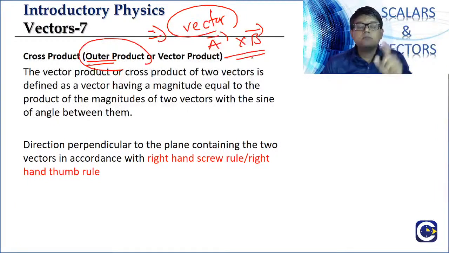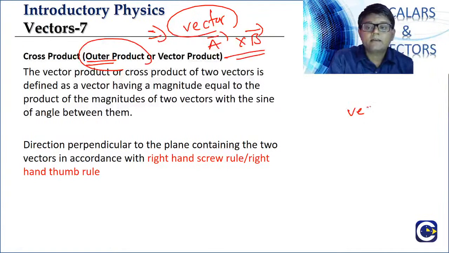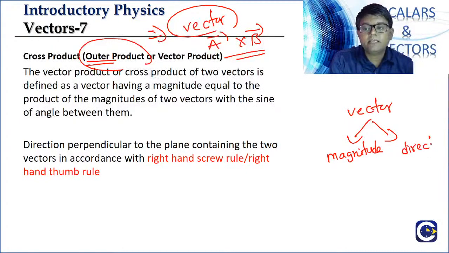Means if we need to explain the cross product of two vectors, we must tell what is the magnitude and we must also tell what is the direction, because a vector is defined by its magnitude and direction.